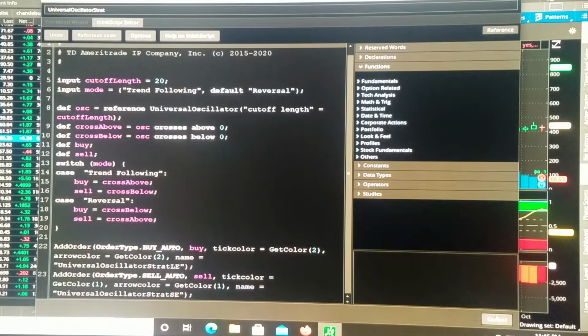Now, I think what we need to do is go in and change the orders from buy auto and sell auto to buy to open, sell to close, sell to open, buy to close. Sometimes this buy auto and sell auto doesn't do very well, as you can see.